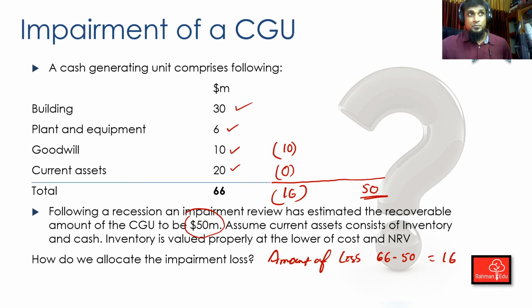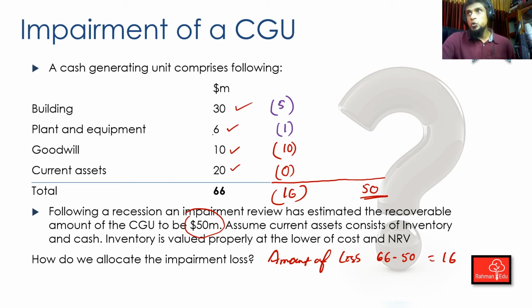Thank you. Mubarak said that we are going to allocate the rest of the $6 million to building and plant and equipment based on their carrying value proportion, and Asif calculated it and told us that 5 million for building and 1 million for the plant and equipment. How did we calculate that?